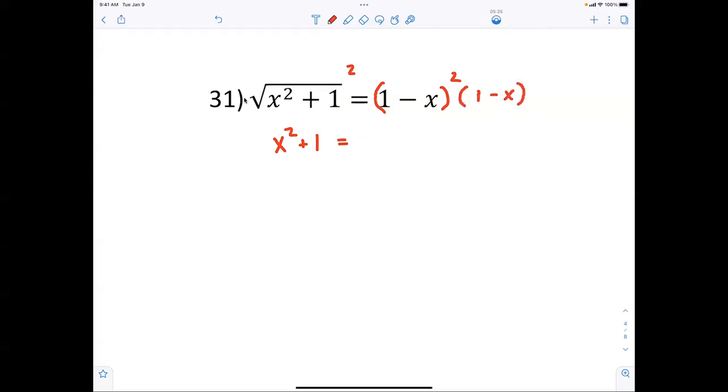There is a middle term here, correct? So what's 1 times 1? 1. Negative x and negative x makes negative 2x. And then negative x times negative x is plus x squared.